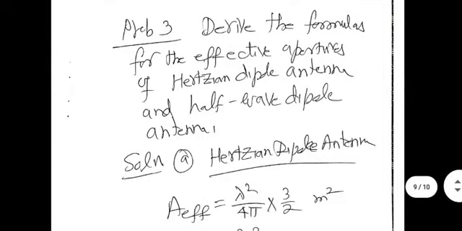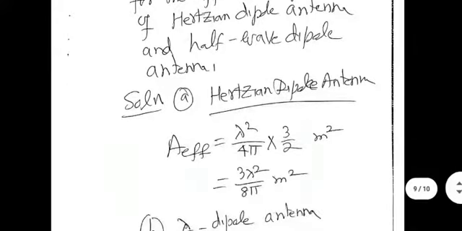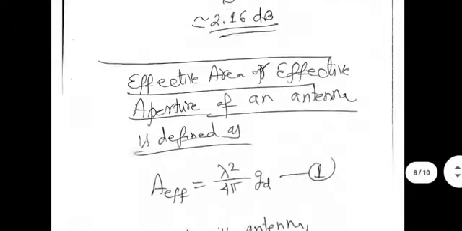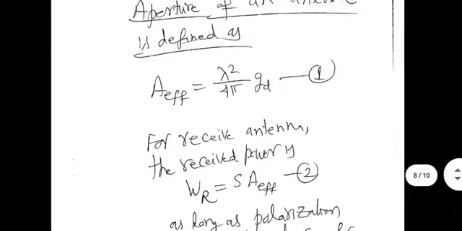Derive the formula for the effective aperture of a Hertzian dipole antenna and half-wave dipole antenna. We have just figured out the directivity values for both the cases. For Hertzian dipole, the directivity was 1.5. So the effective aperture will be lambda square divided by 4 pi into 1.5.